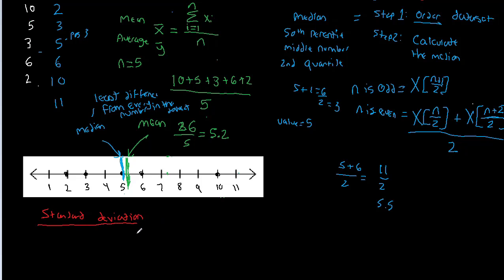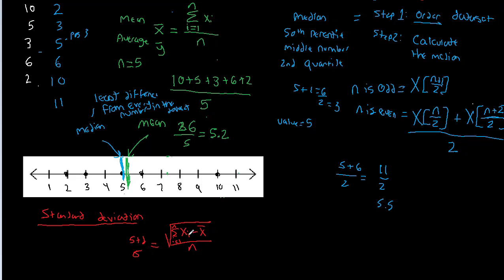So the equation for standard deviation, in case you haven't seen it before, is usually demarcated as STD, or sometimes you'll see it demarcated with a theta. It's going to be equal to the square root of the summation from i equals 1 to n of (x sub i minus x bar) squared, over n. So we've seen the summation of x sub i before when we talked about mean.